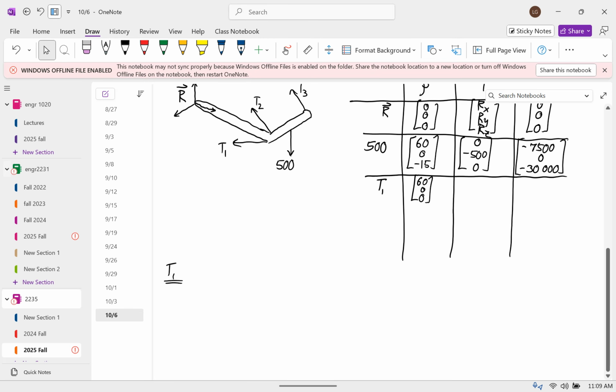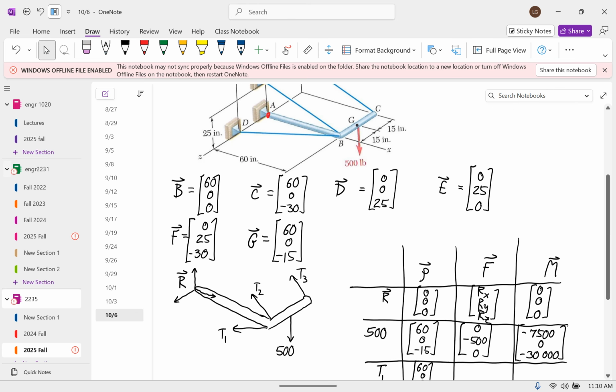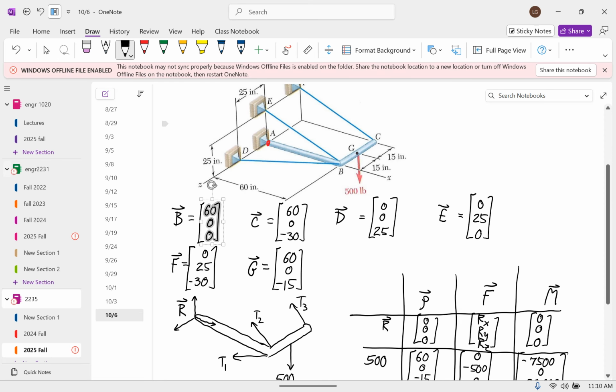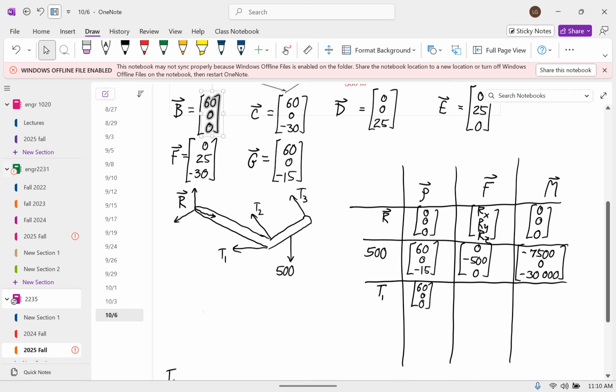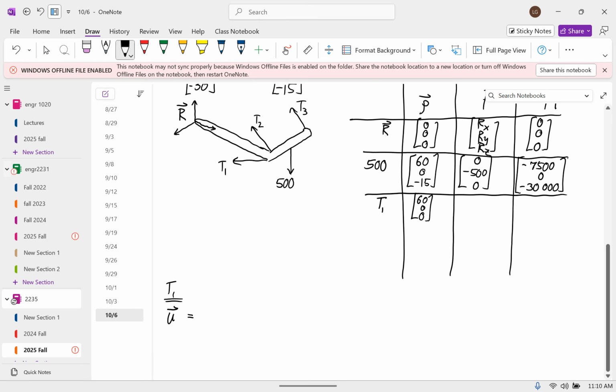So a vector that's in the direction of that force, but it's not a unit vector yet, is d minus b. So that is 0, 0, 25 minus 60, 0, 0. And so that's negative 60, 0, positive 25.